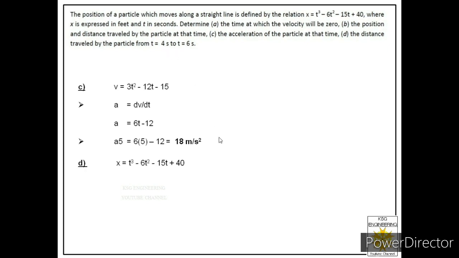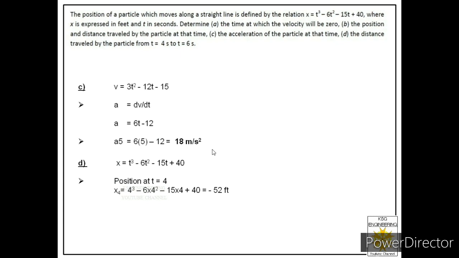It means for D part, first of all, we need the equation of position of the particle, which is given to us in the numerical. So first of all, we will find the position of the particle at time equal to 4 seconds. And this we have already calculated in the B part. So when you put the value of t equal to 4 in this equation, you will get the position of the particle as minus 52 feet.